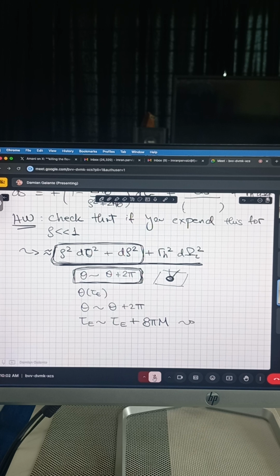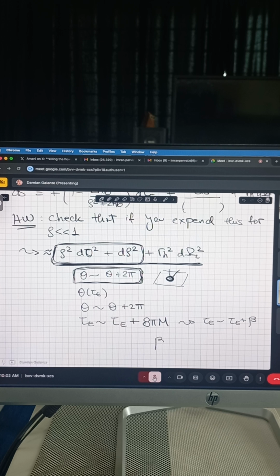But we said before that Euclidean time has to be periodic in our thermodynamical explorations, with period beta.